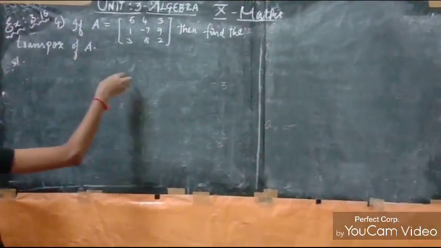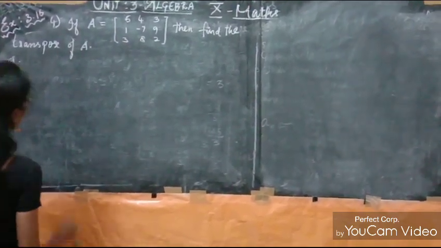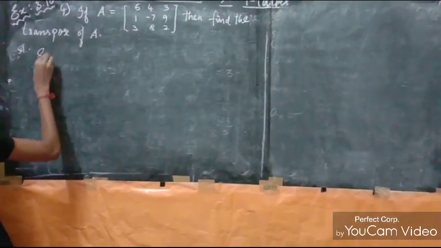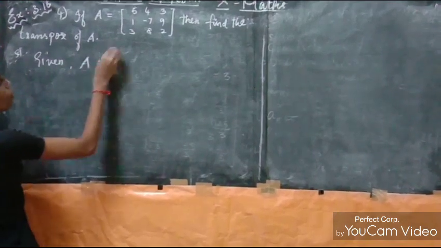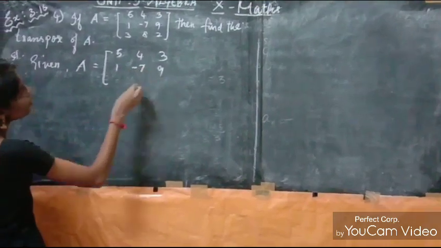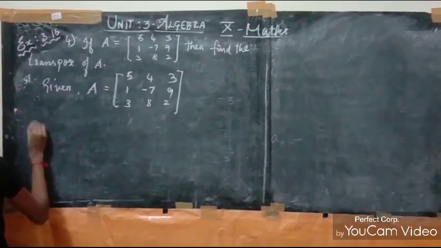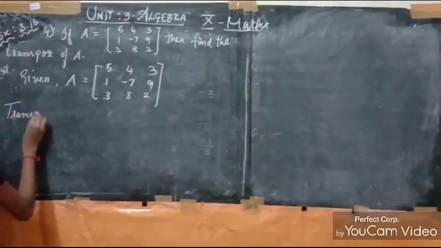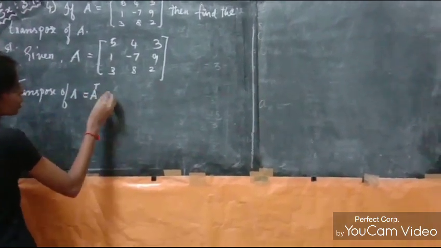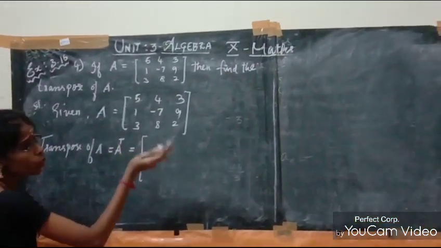See, if A is equal to [5 4 3; 1 minus 7 9; 3 8 2], then find the transpose of A. You have to find the transpose of A, which means first write the given value. Given A is equal to [1 minus 7 9; 3 8 2], and find the transpose of A. Transpose of A means A transpose is equal to interchange the rows and columns.